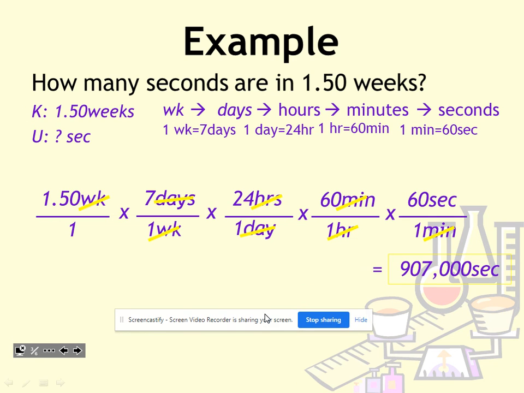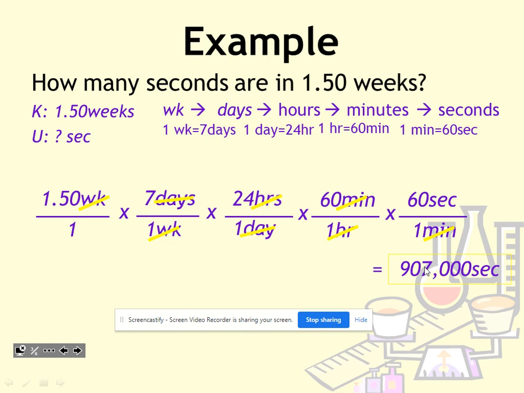And you get 907,000 seconds. Now, you also could write that in scientific notation. Remember my sig figs. I needed 3 significant figures here for my answer. So when I round that to 3 significant figures, 907, those 3 are all significant, but these 3 are not.